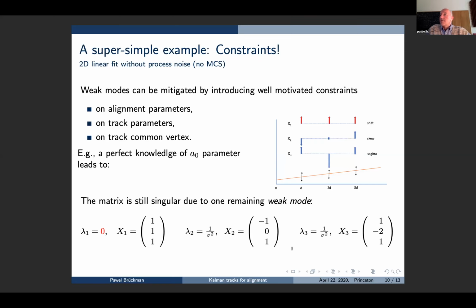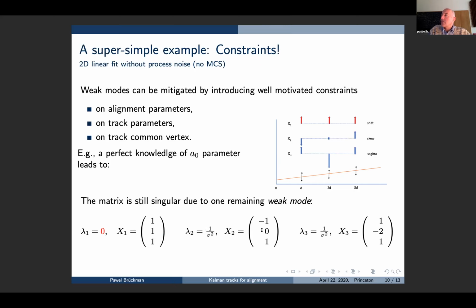Just to illustrate, of course, it's a very theoretical case. If we knew perfectly the A0 parameter, so the tilt of this straight line, then if we again do the solution according to all the rules, we end up with still a singular solution, but now only one weak mode, which is the total shift or translation up and down.